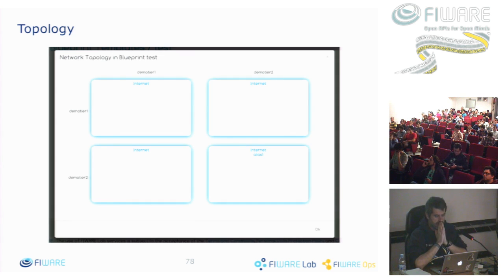Here, I'm not sure if this is completely implemented, but keep in mind that you could have the possibility that, for example, demo tier 1 is connected to demo tier 2, but demo tier 2 is not connected to demo tier 1.